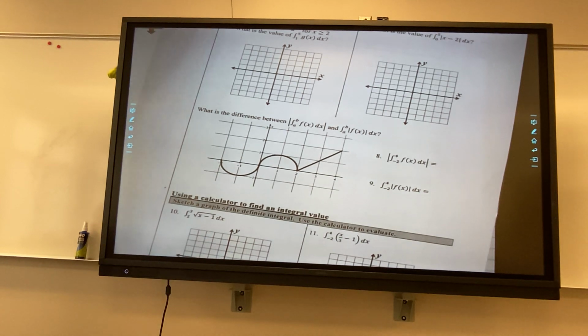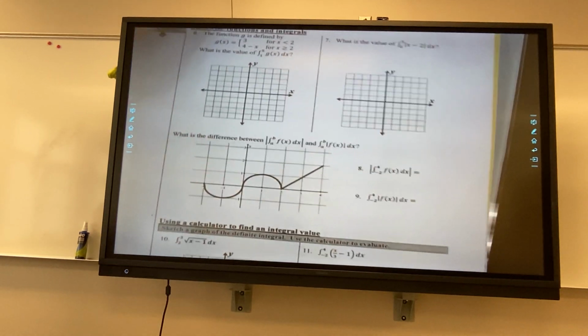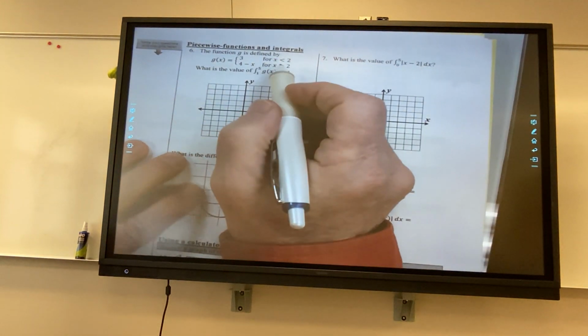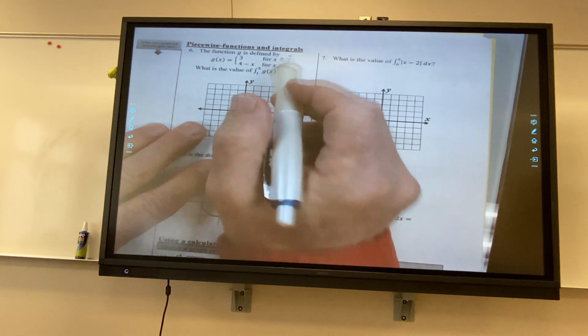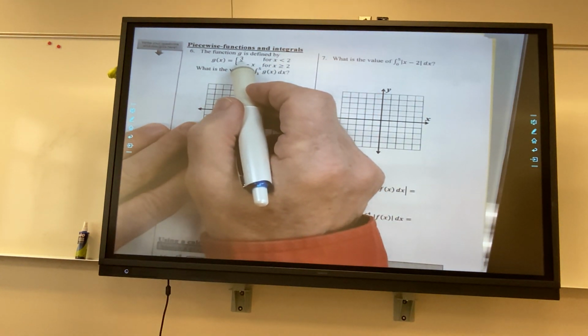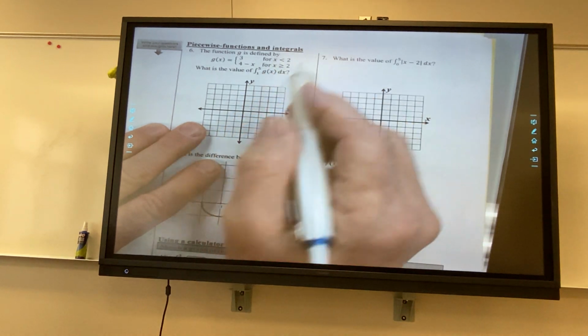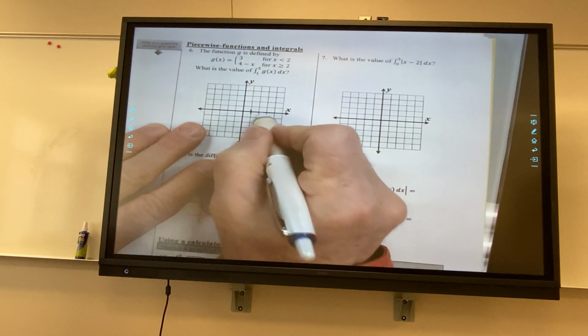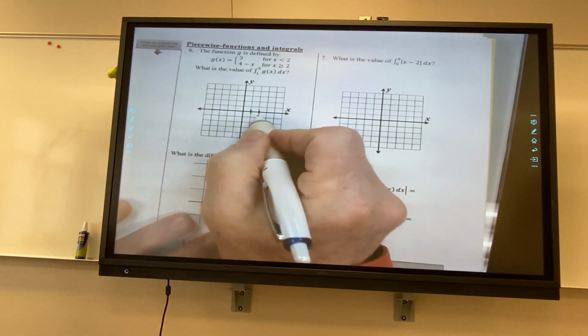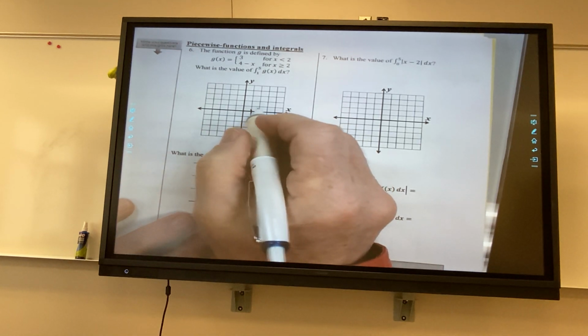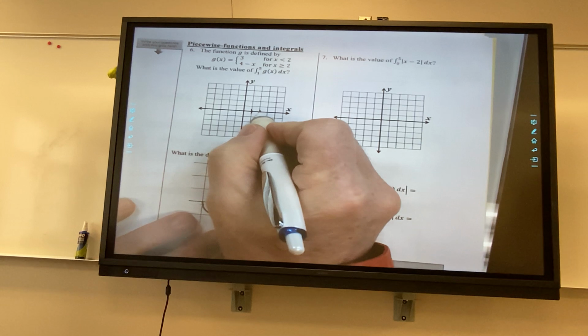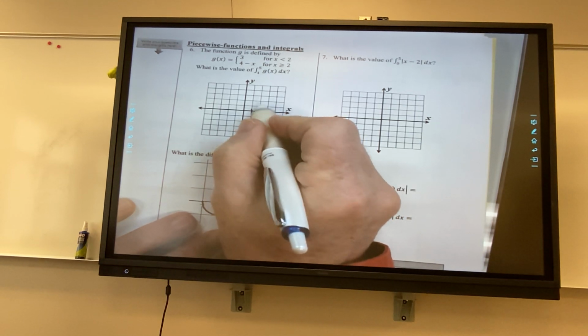Backside. All right, piecewise. Ben, it says it's 3 for x less than 2. So here's 1, here's 2. Would you agree? Yep. So what should I do here? At 2, I should go up to what? 3. 1, 2, 3.